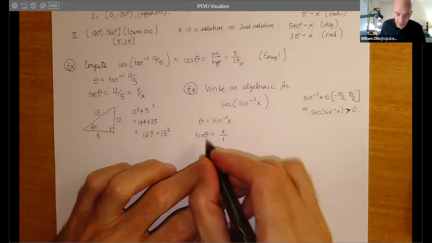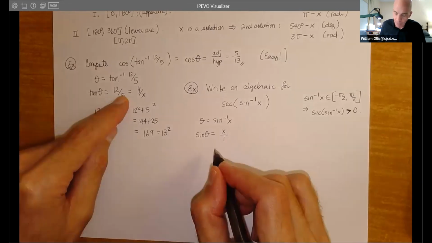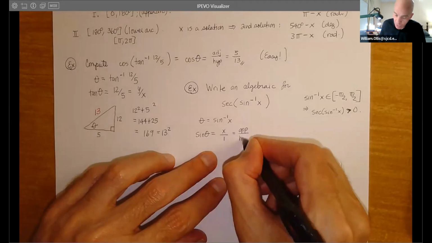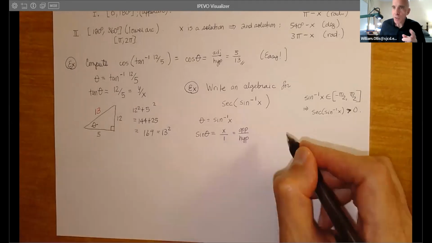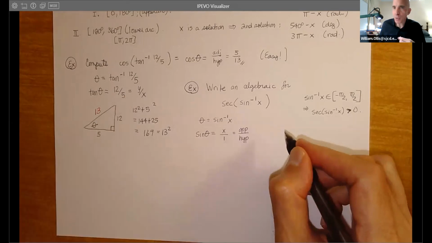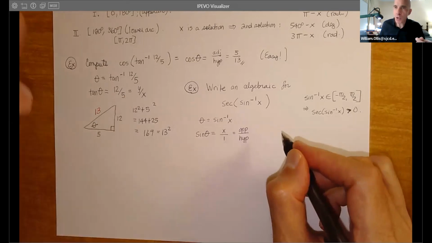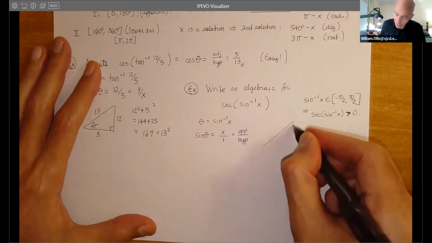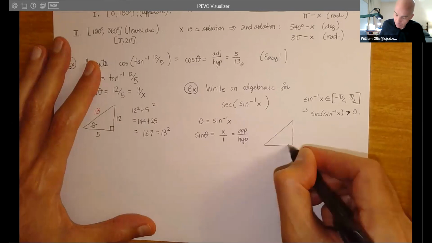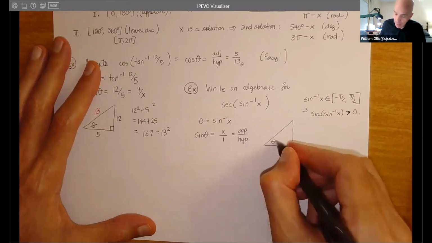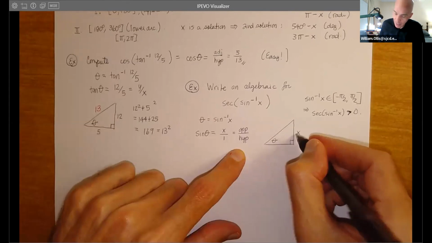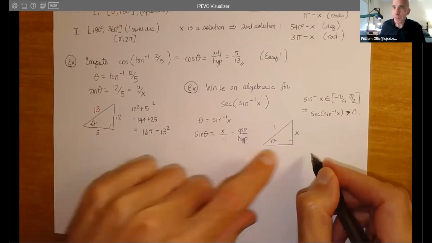So now when we look at this, it's exactly like what we have here. This is just opposite over hypotenuse. So we're seeing that the ratios of the sides of the right triangle correspond to how we determine the definitions for sine and cosine in the unit circle. So we can do the same thing again. Think of a reference triangle, theta, and then opposite over hypotenuse. So this will be x here, and then the hypotenuse will be 1.